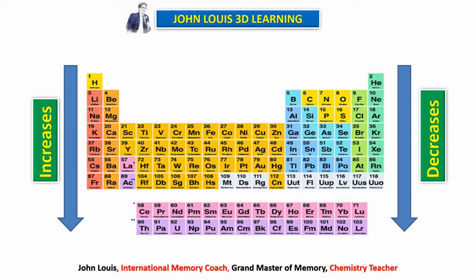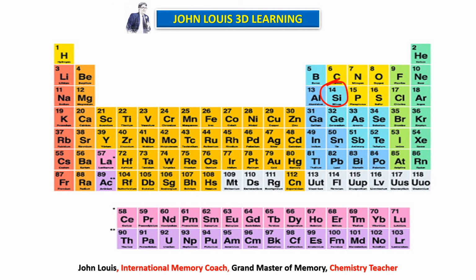Now let's see what happens when we move across a period. For example, take silicon here, in the 14th group. Here it is not having much reactivity. But when we move to the left, it goes on increasing, and if we move to the right from silicon, it also goes on increasing.